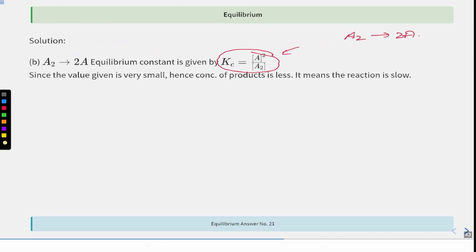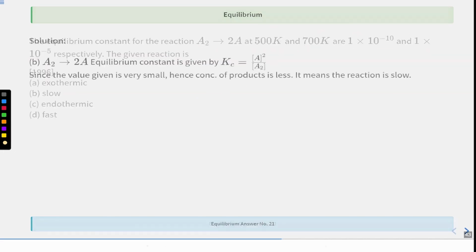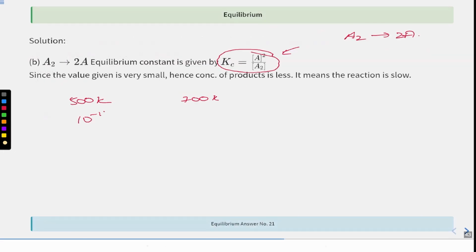Now you have one at 500 Kelvin, you have one at 700 Kelvin. At 500 Kelvin, it was actually 10 power minus 10, and at 700 Kelvin, 10 power minus 5. Now if you see, this is coming closer and closer to 1, right? So this is, let's say, the entire timeline.